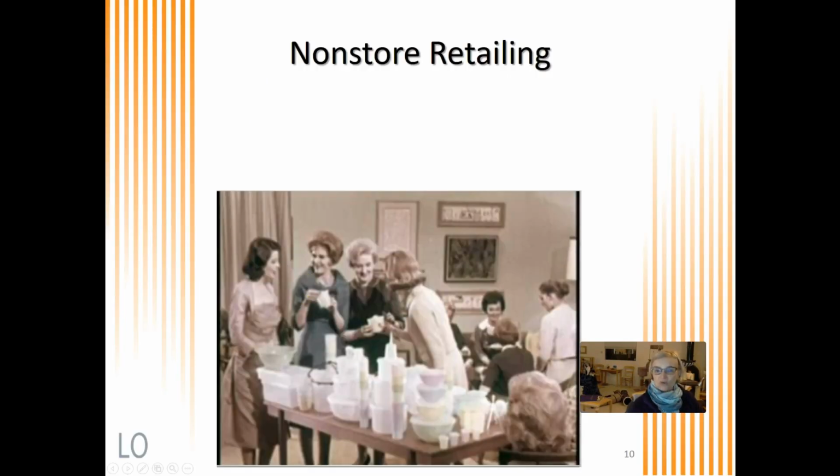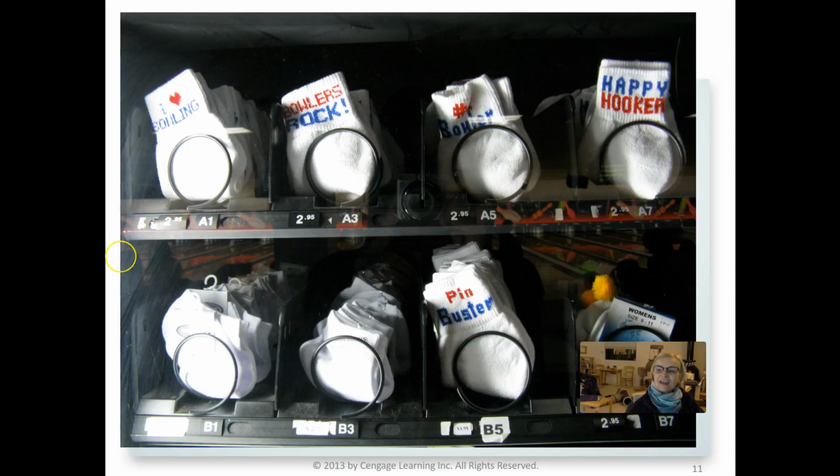More and more now, we are also looking at non-store retailing. And of course, the first thing we think about is the internet. However, there are many other kinds of non-store retailing, and they are much more prevalent already in the Asian markets, but they have been around here too. You know, the famous Tupperware party, vending machines for all kinds of stuff.